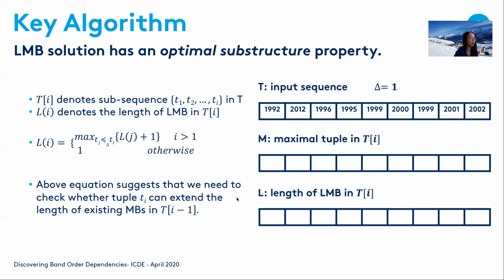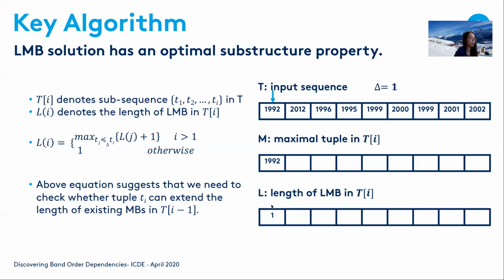Given the input sequence of tuples, each of which is represented by the release year, ordered by catalog numbers, we scan the tuples in sequence while maintaining two arrays. The first one stores the maximum tuple in subsequence Ti, and the second one stores the length of the longest monotonic band in subsequence Ti.